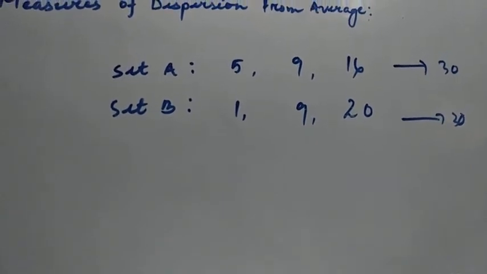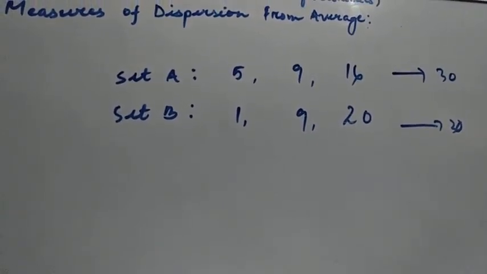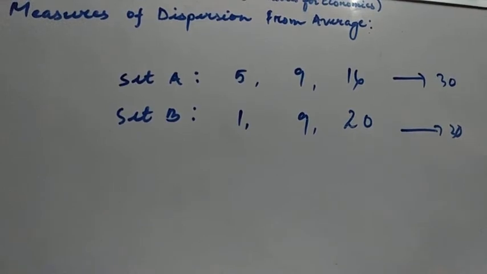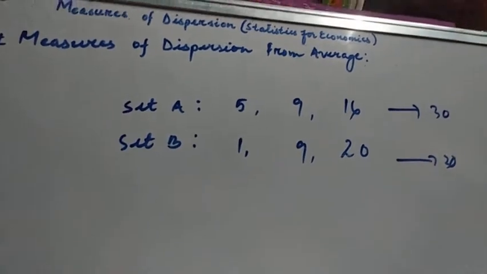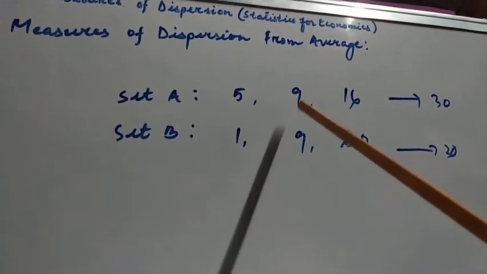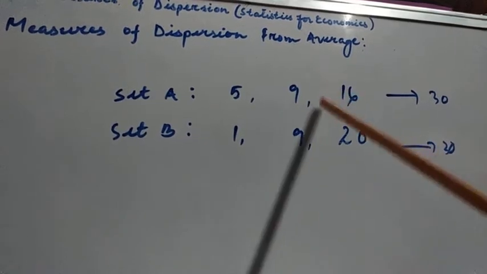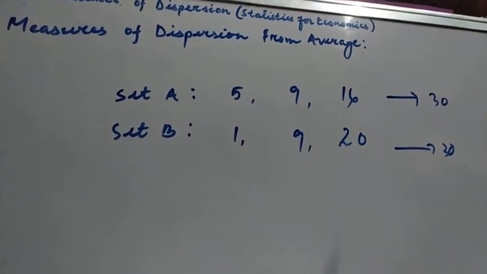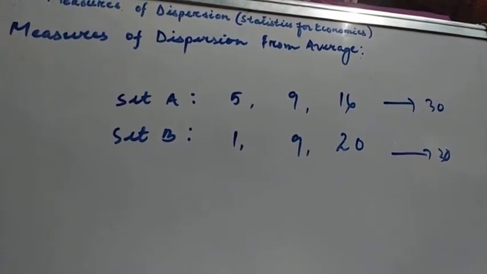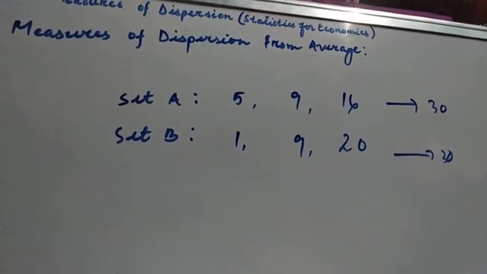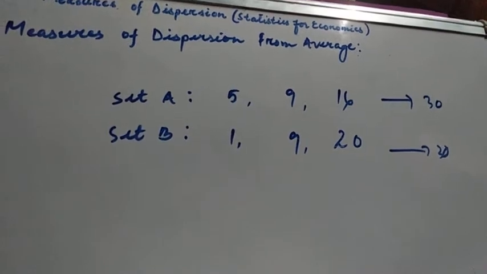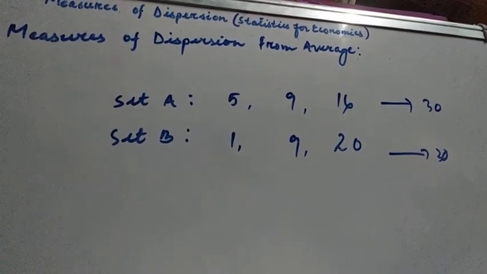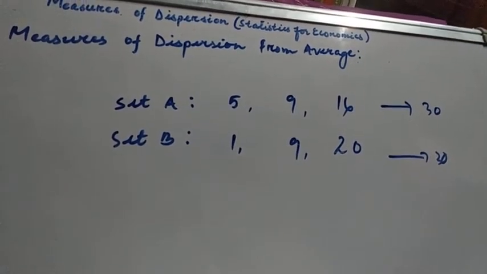So mean deviation tries to overcome the problem by ignoring the signs of deviation. It considers all deviations positive. As we have mentioned, there are both positive and negative sides when we talk about the average, so mean deviation does away with this problem by considering all deviations positive.